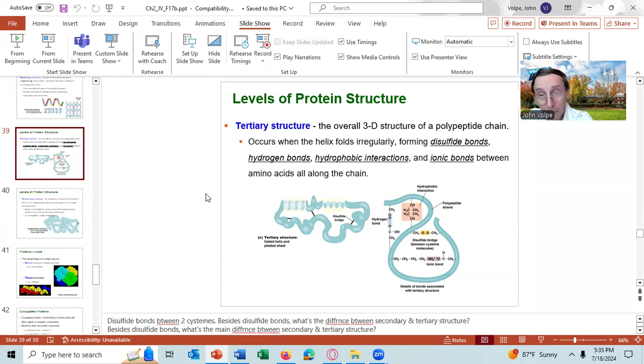For example, this amino acid is at the end of the protein chain, and this one is near the beginning, and they're being attracted to each other, and that's why we call it the tertiary structure, because these amino acids are not nearby, but they are interacting with each other.